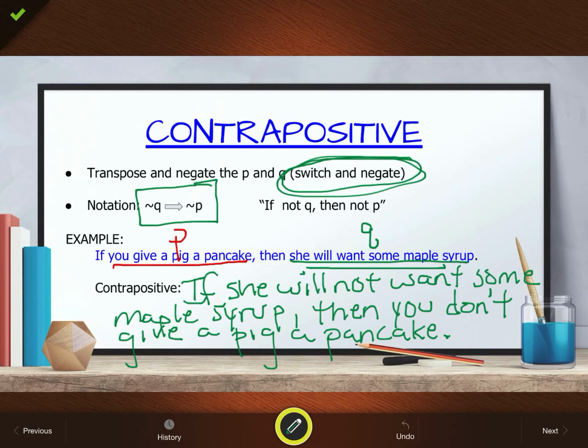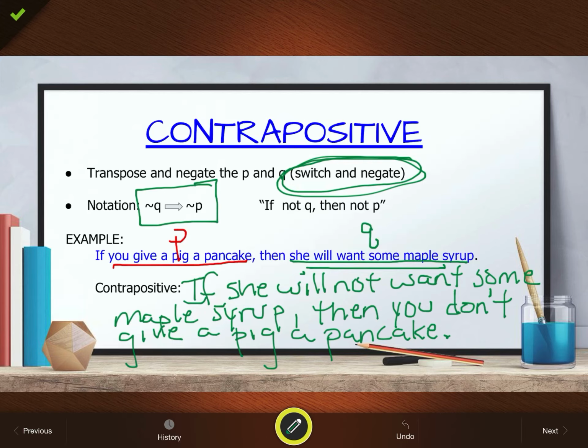And again, you can use won't, don't, do not. The only thing you can't do is add words in there that aren't in the sentence as far as changing the meaning. Like we can't be talking about giving a pig a pancake, and in your sentence you're talking about giving a dog a Dorito.